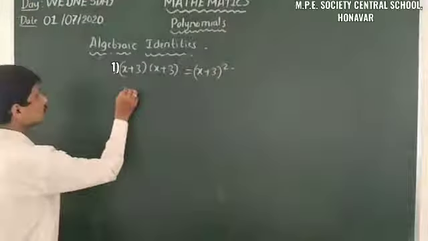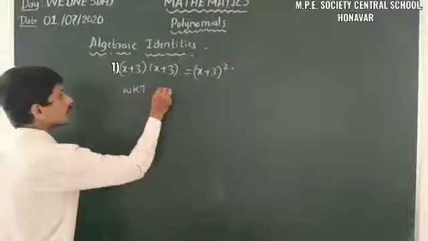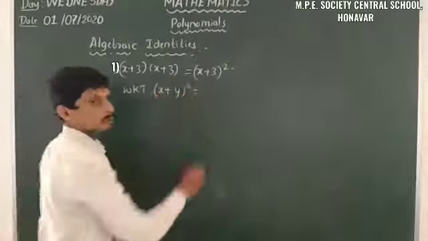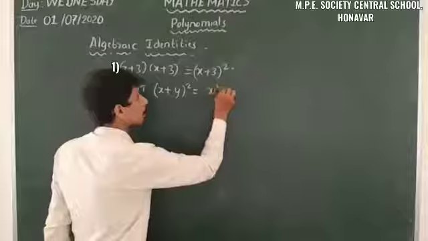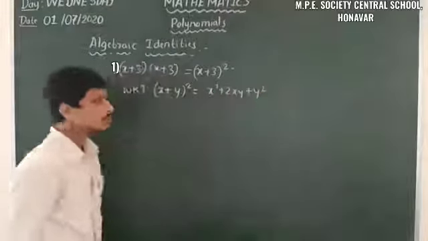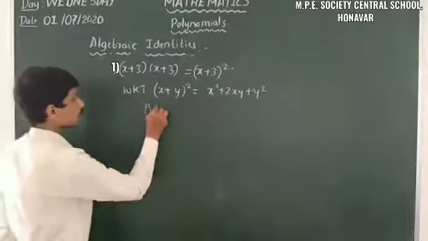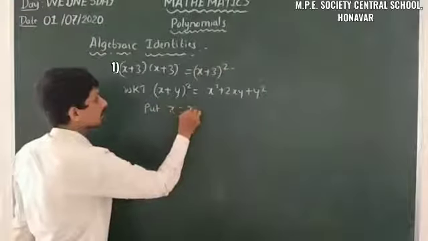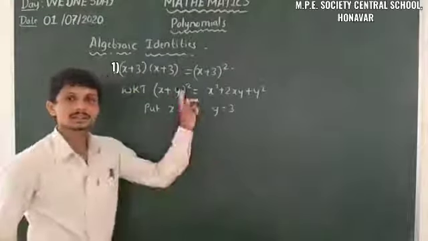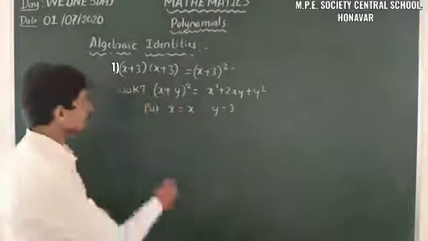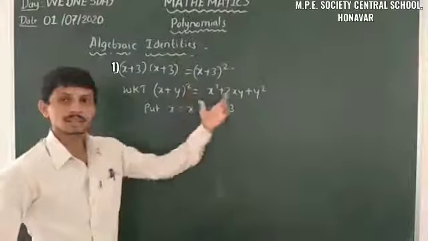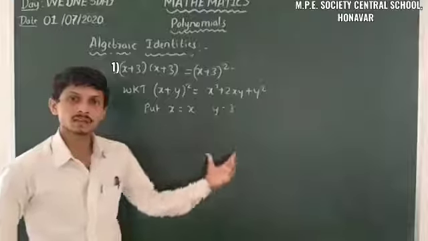So we know that (x plus y) whole square is equal to x square plus 2xy plus y square. So we have to put x is equal to x and y is equal to 3 in this algebraic identity. Taking x is equal to x and y is equal to 3, we find the solution.